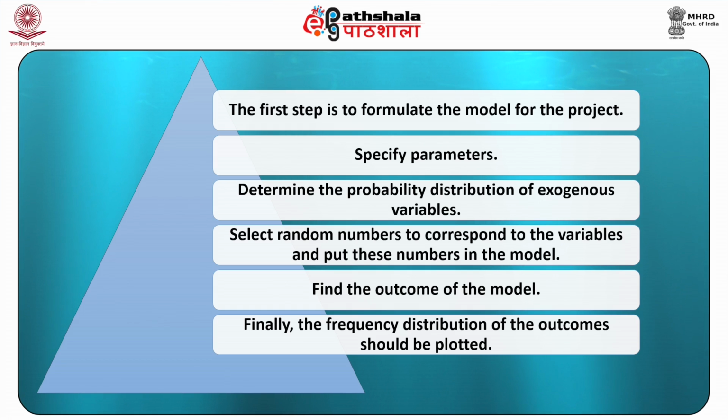The first step is to formulate the model for the project, then to specify parameters, then to determine the probability distribution of exogenous variables, then select random numbers to correspond to the variables and put these numbers in the model, then to find the outcome of the model, and finally the frequency distribution of the outcomes should be plotted.